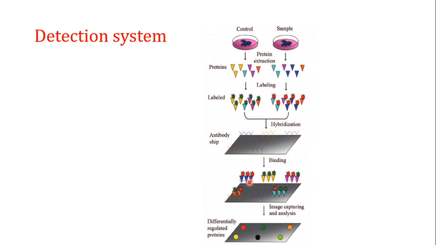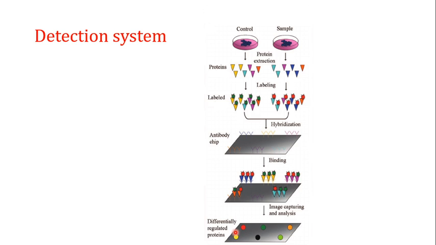Just for example, if you see over here the red fluorescent molecule that is present, and you are applying a red laser over here, that is going to give you the fluorescence, and you will see that this particular protein which is interacting with this particular antibody is only expressed in the sample condition because there is only a red fluorescence. If you talk about this green one, this means that only these kinds of proteins are expressed in the control samples, because the control samples have been labeled with the green fluorescent molecule.